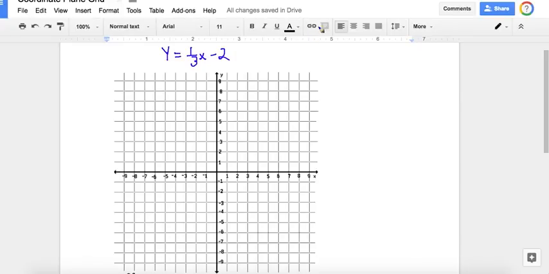So recall that this equation here is written in slope-intercept form, and that is y equals mx plus b, where m represents the slope, and here our m is 1/3. So the slope is 1/3. And our b here represents the y-intercept. So our b here is -2.